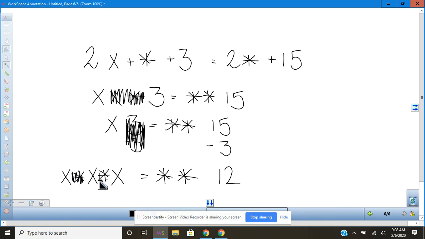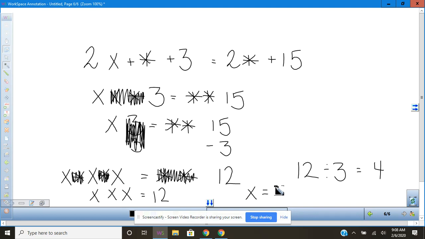Magically, I have 2 stars on this side and 2 stars on this side that I can get rid of, which leaves me with 3 x's over here and a 12 over here. I take that 12, I divide it by the 3, I get 4 as my answer. I'm dealing with x's, so I know that x equals 4, and star is the opposite, that equals -4.